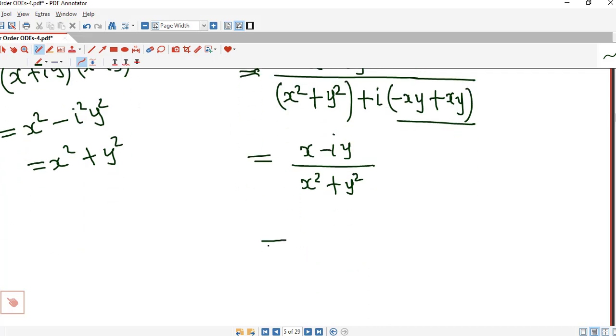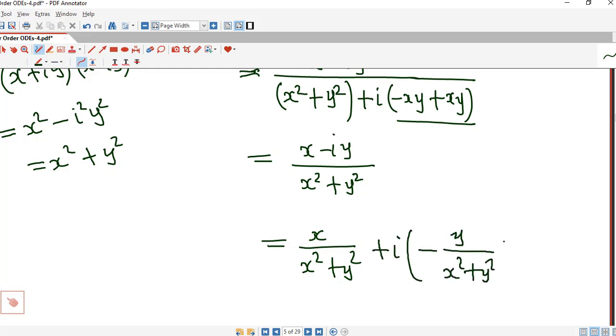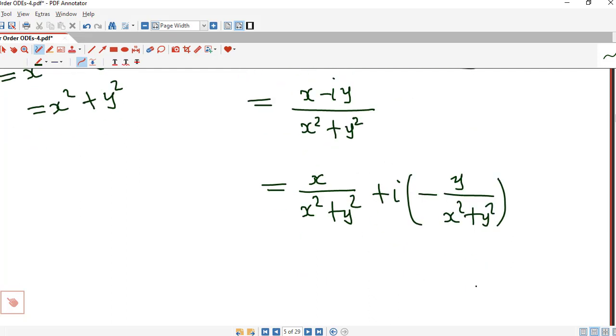So this we can rewrite as x over x square plus y square plus i times minus y over x square plus y square, and this is nothing but 1 over x plus iy, or 1 by z.